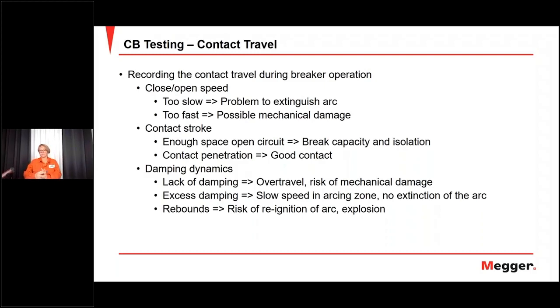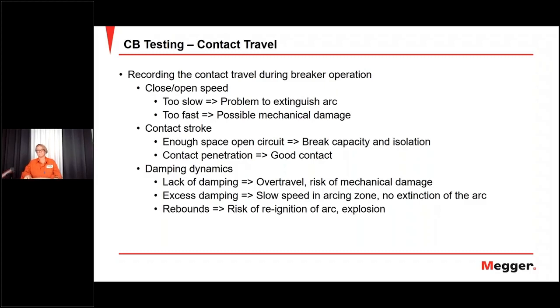And there's also a problem that it rebounds, it connects again, and then you can get a really bad arcing situation with explosion, because then all the gas is lost in the circuit breaker, all the pressure is lost. So it needs to do it correctly on the first try. You can't try to open again because the mechanism is still running. It needs to do a direct open.